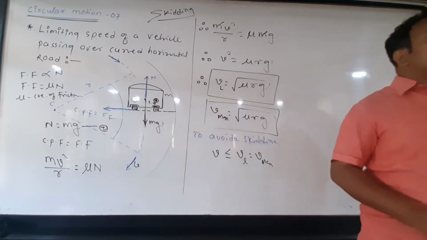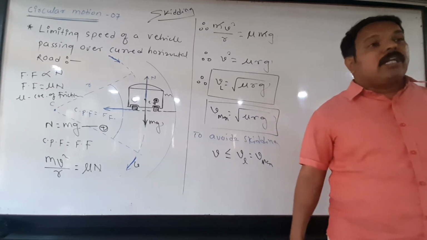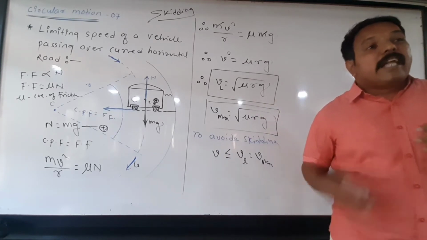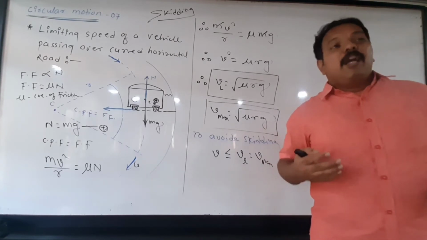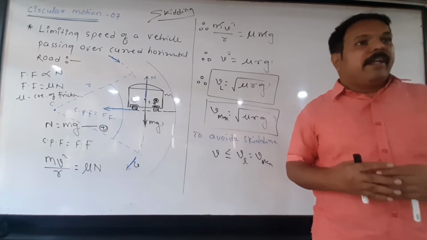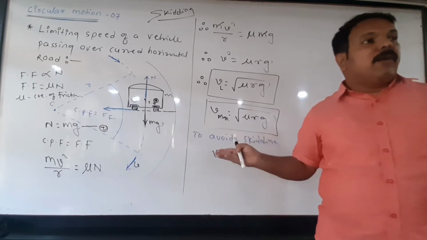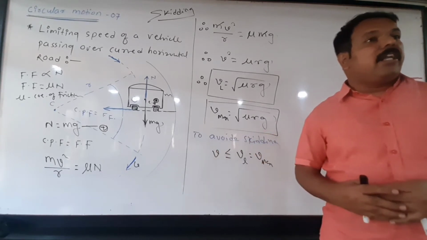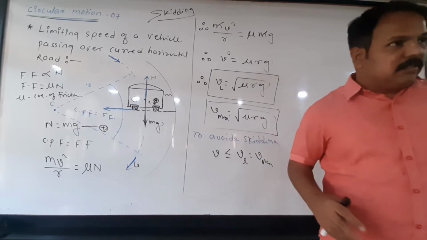Vmax is equal to under root mu rg, where mu is the coefficient of friction, which depends upon the type of road. If it is a cement road, mu is more. In the case of the ordinary roads we see in our city, the value of mu is less.